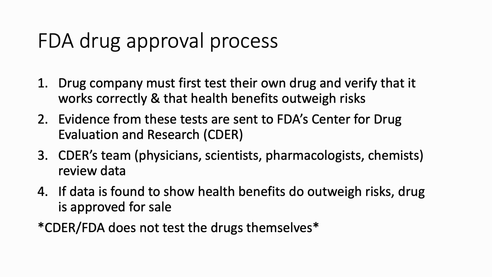Step 2, evidence from those tests is then sent to the FDA's Center for Drug Evaluation and Research, or CDER. Okay. Generally, the agency expects that the drug maker will submit results from 2 well-designed clinical trials to be sure that the findings from the first trial are not the result of some kind of chance or bias.